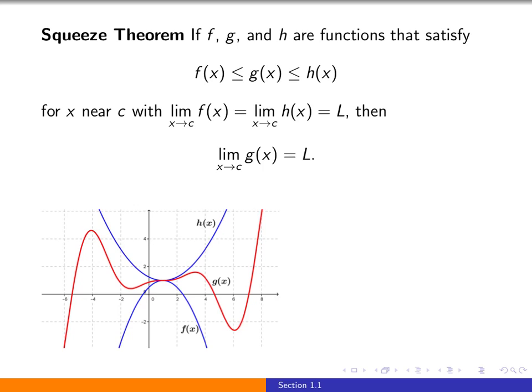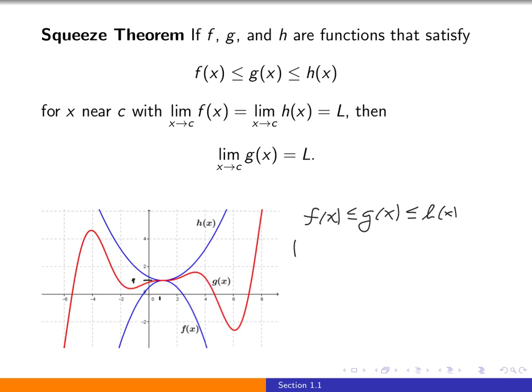And I think this becomes much more clear from the graphical perspective. So in the example that we have illustrated graphically, it appears that at x equals 1, the value of the limit is 1 for all three of these functions. But what we see is that we have f of x is less than or equal to g of x is less than or equal to h of x.